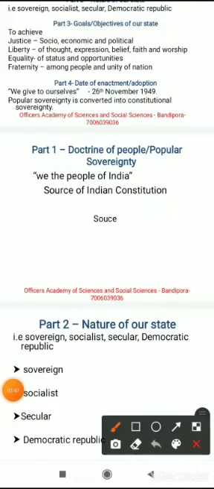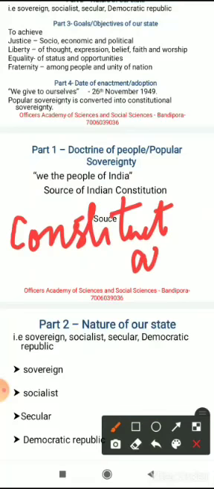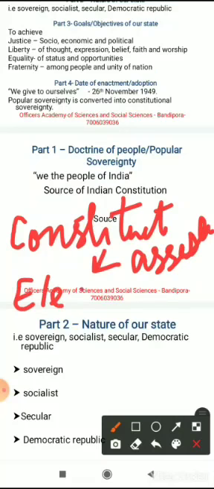So first of all, coming to part first, that is doctrine of popular sovereignty, doctrine of people, that this preamble, our constitution, has been framed by the Constituent Assembly. And who are the members of the Constituent Assembly? Those were the members who were selected by the people of India. They were elected by the people of India.